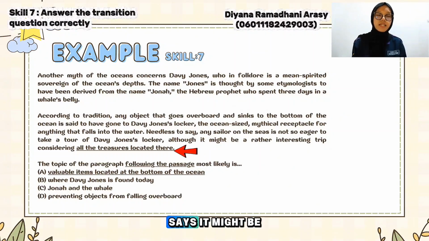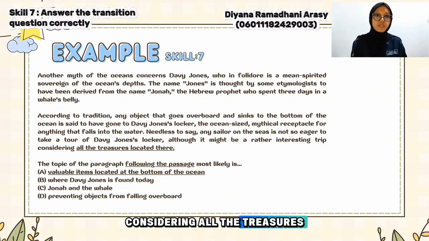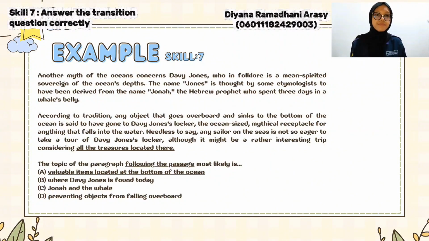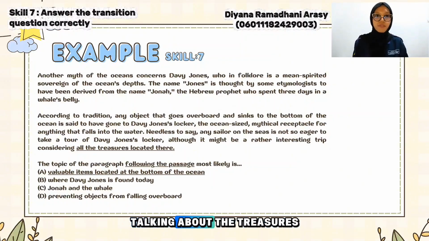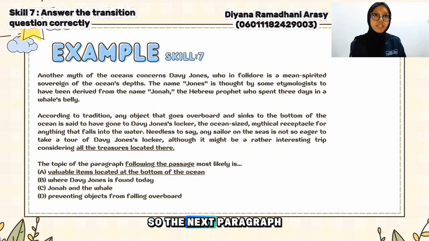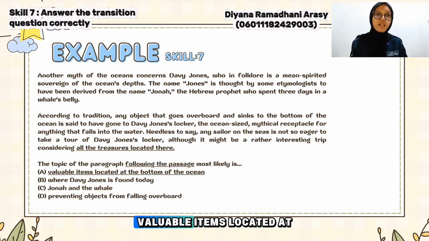At the end it says, "It might be a rather interesting trip considering all the treasures located there." The passage ends by talking about the treasures in Davy Jones' locker, which is said to be at the bottom of the ocean. So the next paragraph will probably explain what those treasures are. So the answer is valuable items located at the bottom of the ocean.